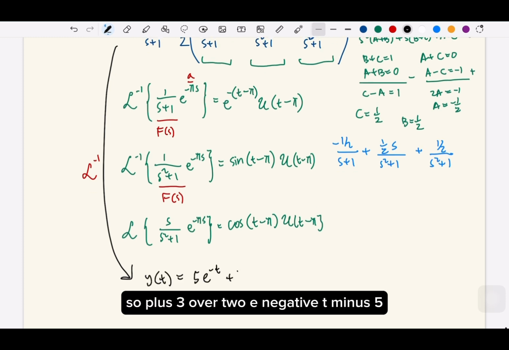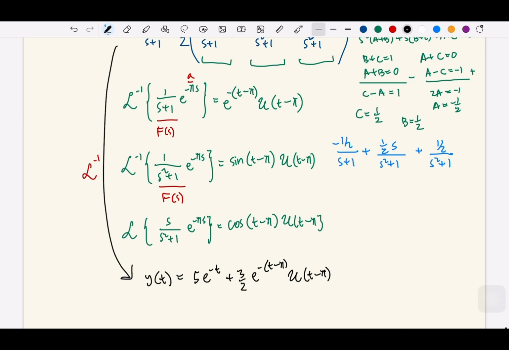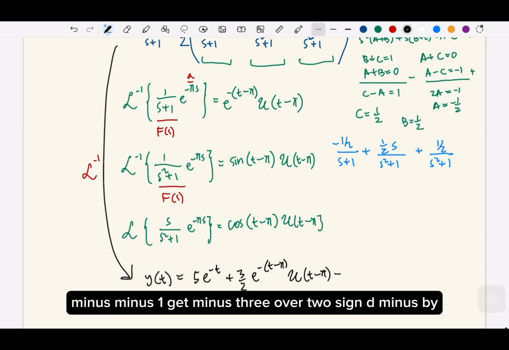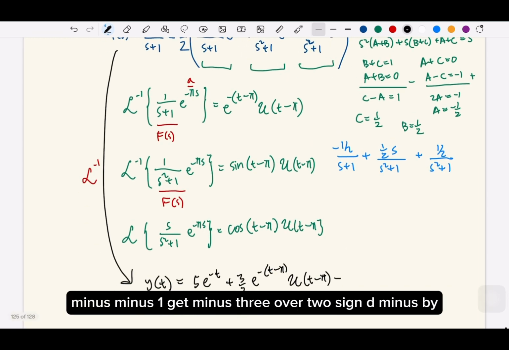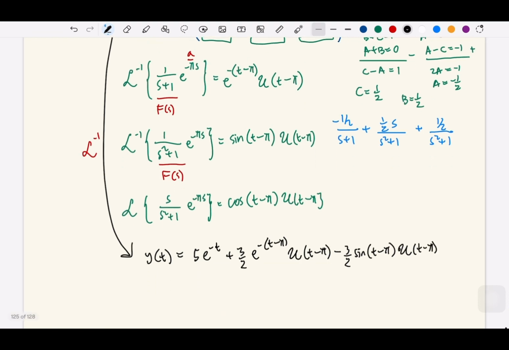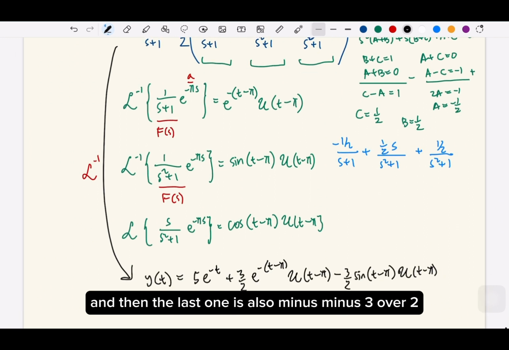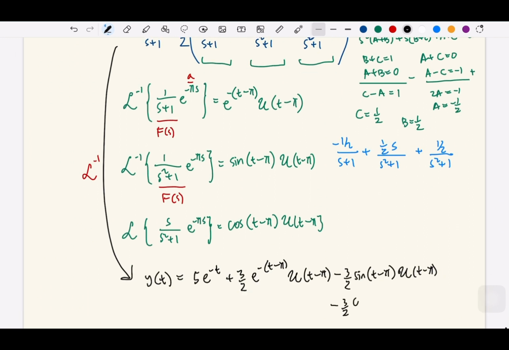So plus 3 over 2 e negative t minus pi, Heaviside t minus pi, minus 3 over 2 sine t minus pi, Heaviside t minus pi. And then the last one is also minus 3 over 2 cosine t minus pi.